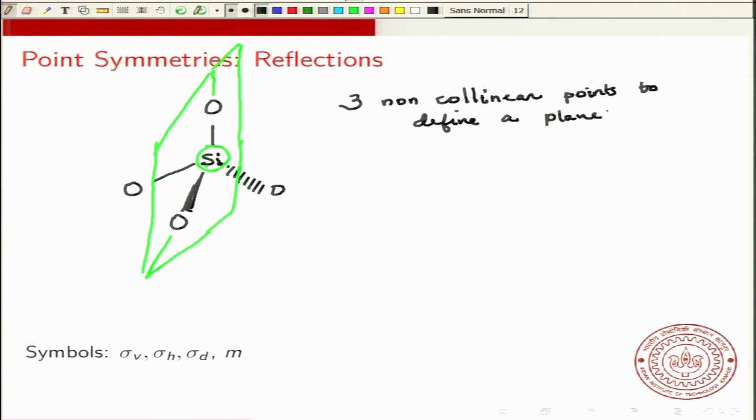If you have 3 points that are not all on a line, then you can define a plane. So the silicon, the oxygen and this other oxygen together define a plane, and this plane turns out to be a plane of reflection. So this turns out to be a reflection symmetry.